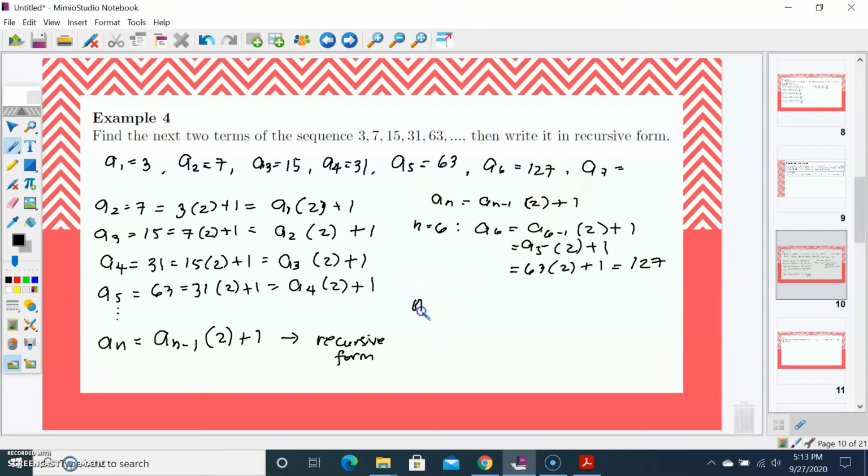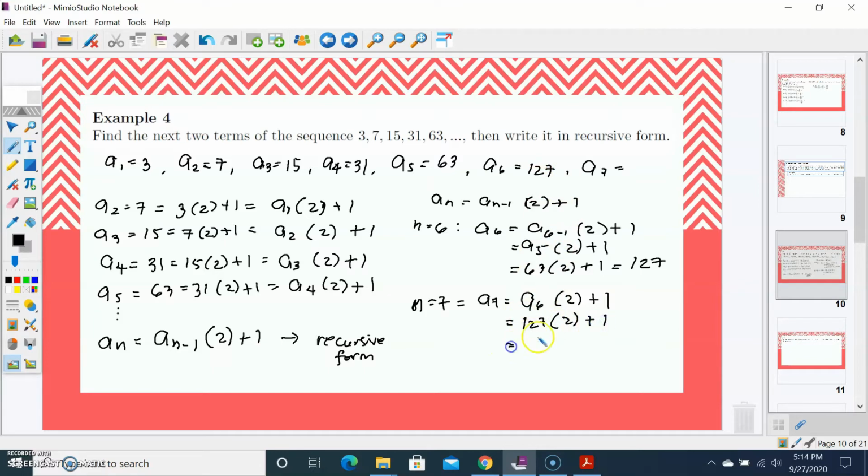Next, for the seventh term, we're going to consider the value of n, which is equal to 7. Meaning we're looking for a sub 7 is equal to the previous term, which is a sub 7 minus 1, which is a sub 6. Multiply this by 2 plus 1. A sub 6 is 127. Multiply this by 2.